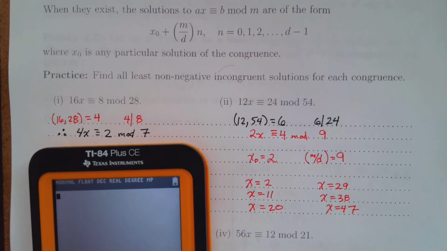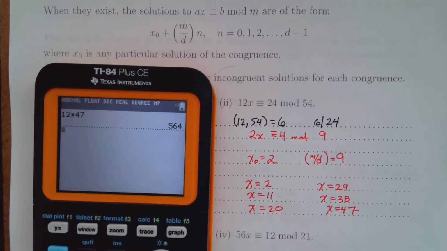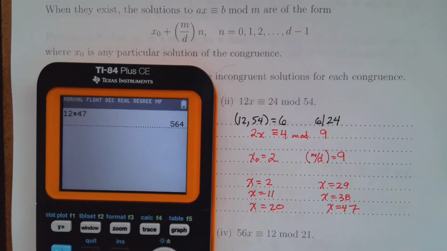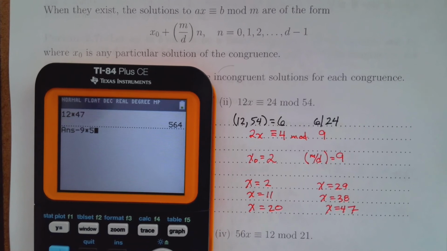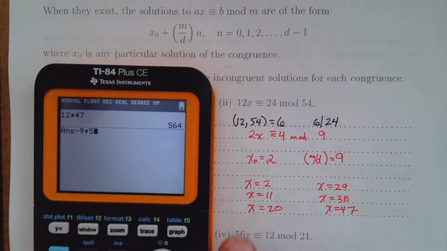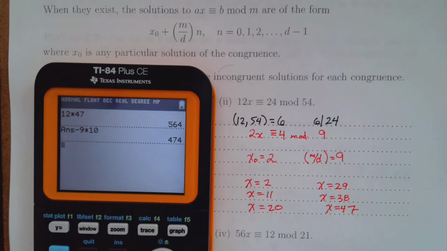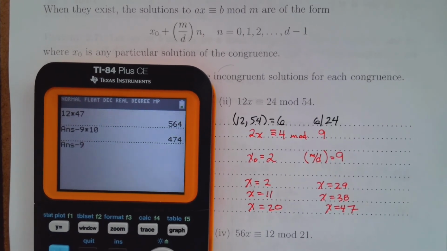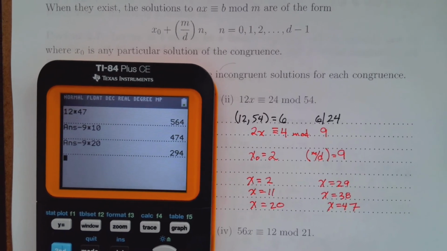I can double check that this is true. 12 times 47 is equal to 564. If I subtract 9 times 10, that gives me 474. If I subtract 9 times 20, that gives me 294.